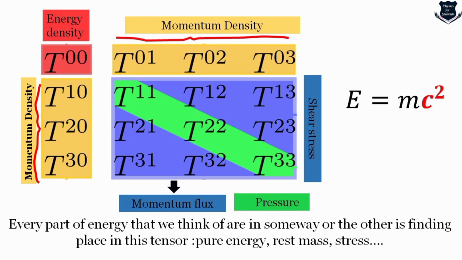So in summary, you can read the bottom part: every part of energy that we think of is in some way or the other finding a place in this house. You know, pure energy, rest energy, mass, stress, spin, the entire arena. So the shear stress, everything is there in this particular stress tensor.